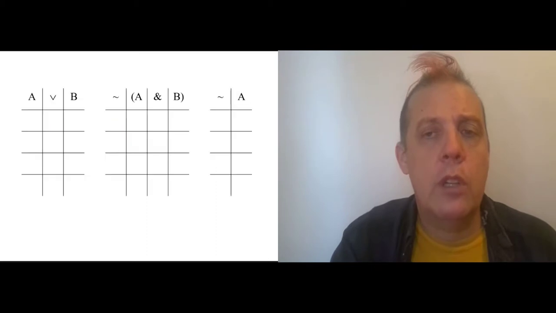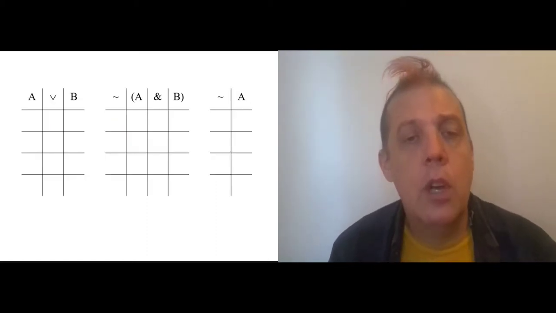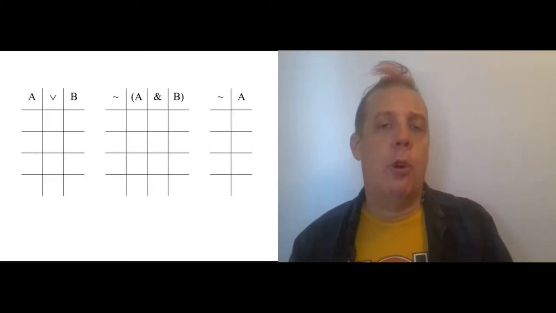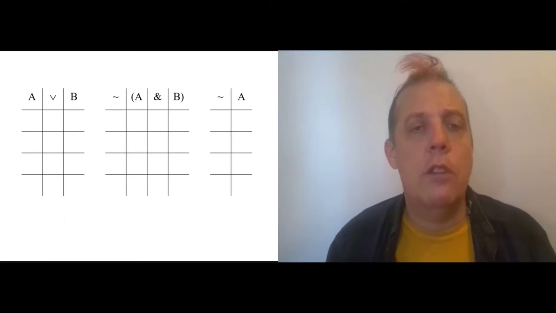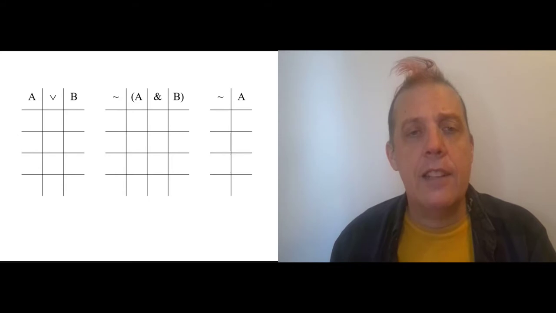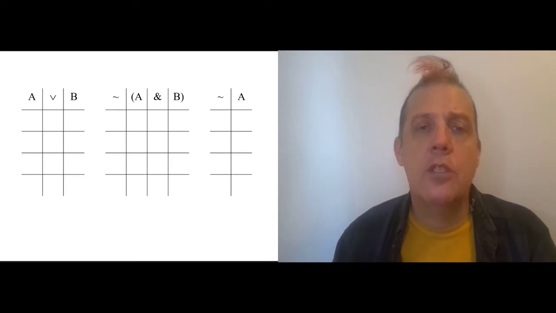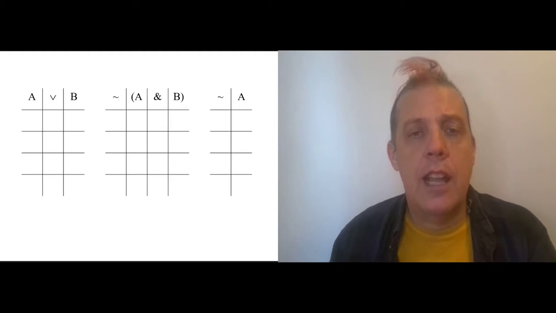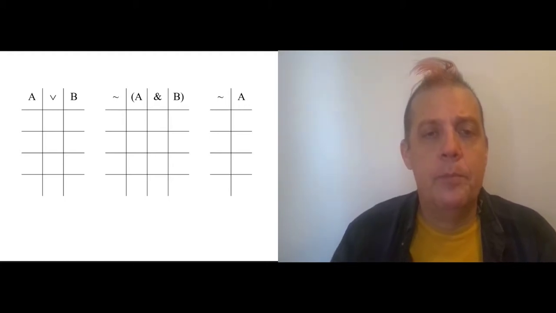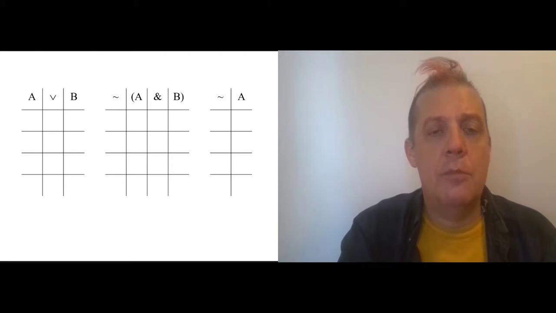So when we're looking at truth tables now, what we're looking for is a situation where all of the sentences are true at the same time. So now consider these sentences: A or B, not A and B, and not A. We fill in the initial columns, right?